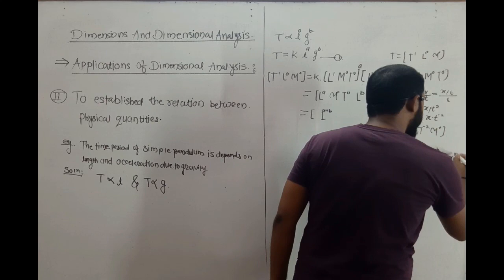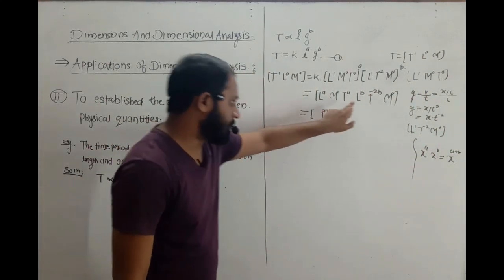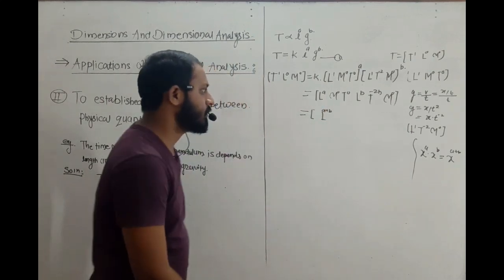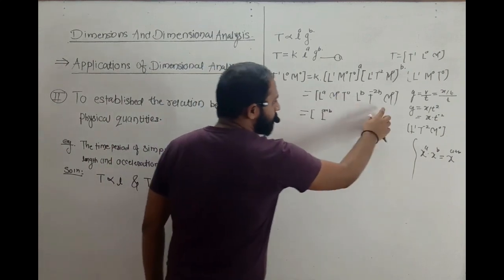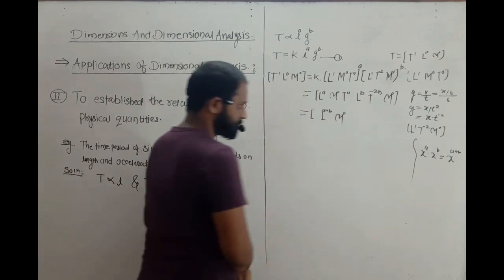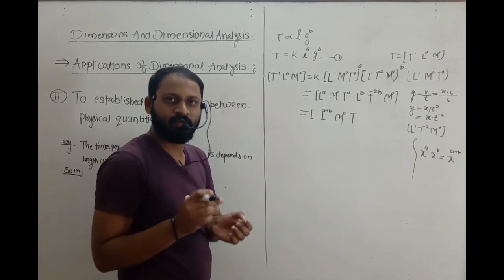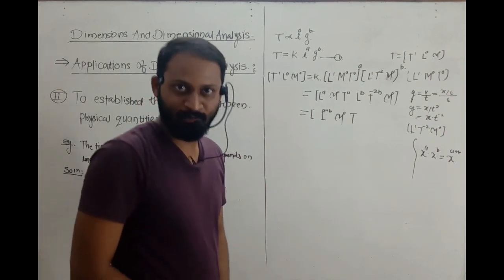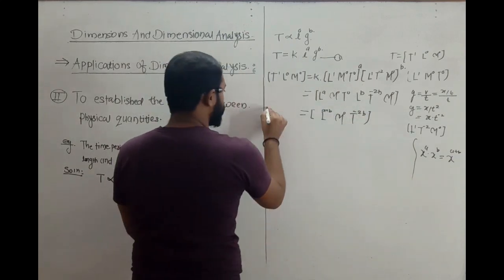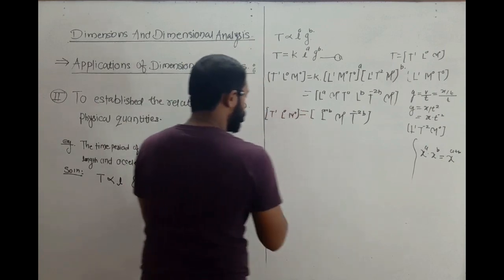Therefore, base power A plus B. In the same way, L power A, L power B, the base is L, so L power A plus B. Now M power 0, M power 0, 0 plus 0, 0. That's why M power 0. Now T power 0 minus 2b, so T power minus 2b. Yeah. Now see, T power 1, L power 0, M power 0.